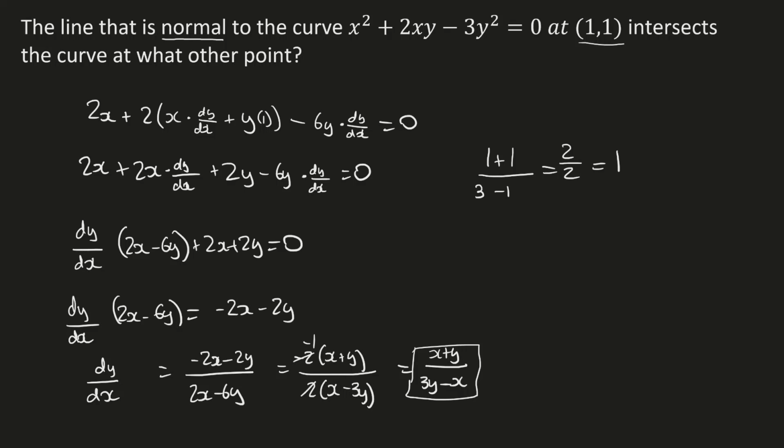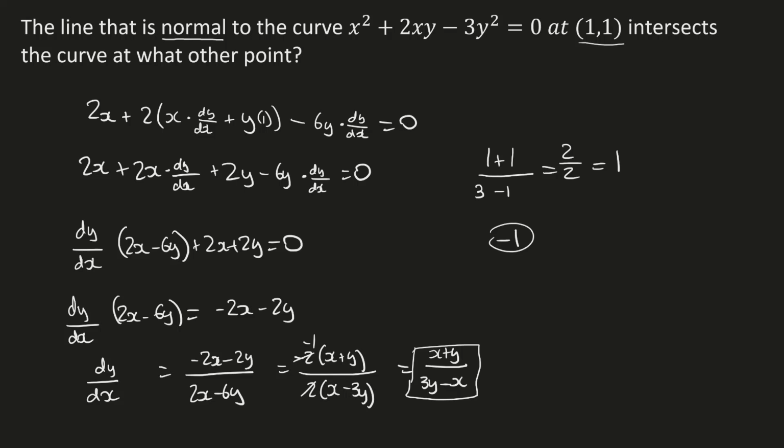So the slope of a line that's perpendicular to another line is the negative reciprocal. So if the slope of the tangent is 1, the slope of the normal is going to be negative 1.